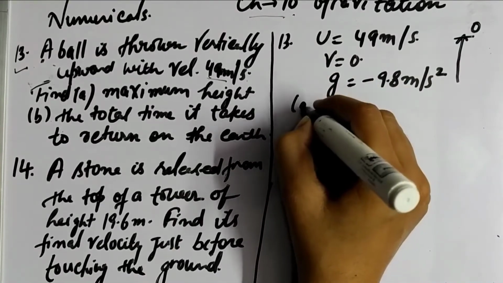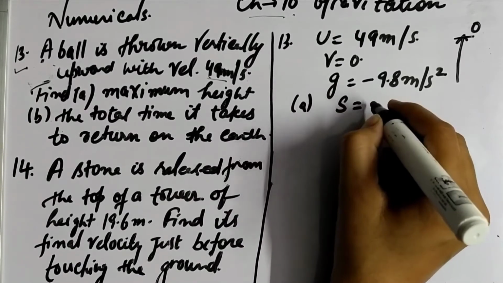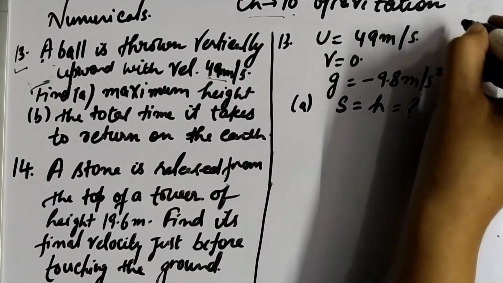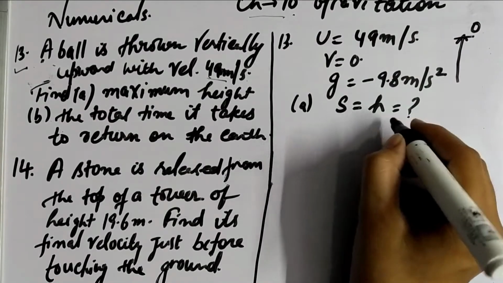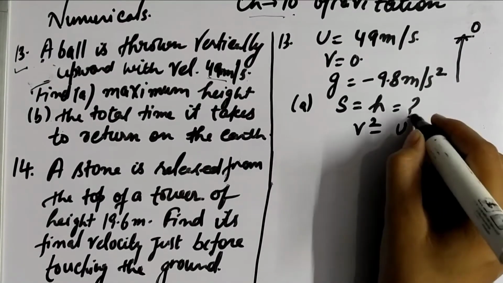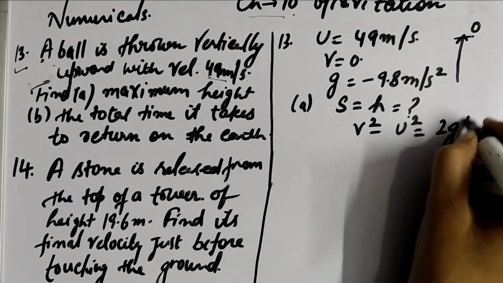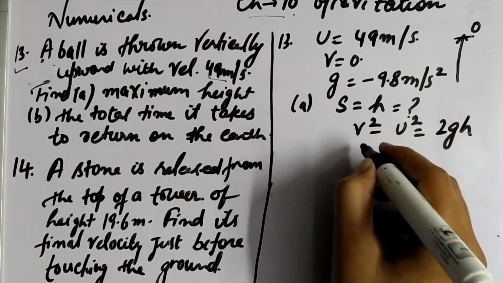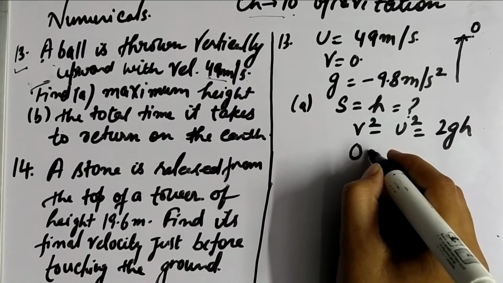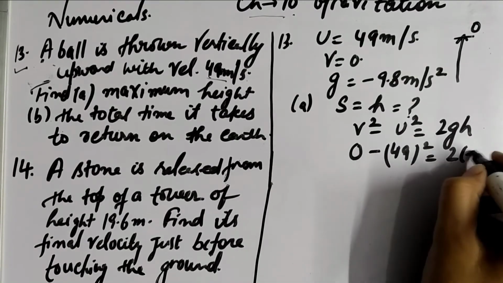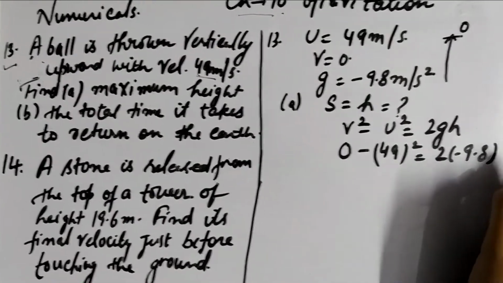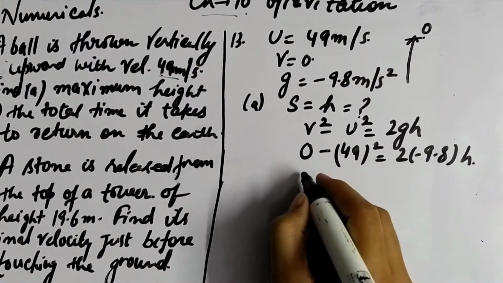In the first part we find the maximum height, or the distance traveled by the object to attain that height, and we need to apply the third equation of motion, v square minus u square equals 2gh. Put all the values: v is 0, u is 49 square, 2 into minus 9.8 into h.